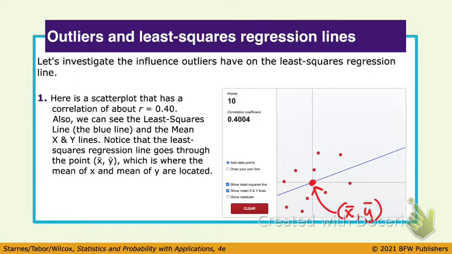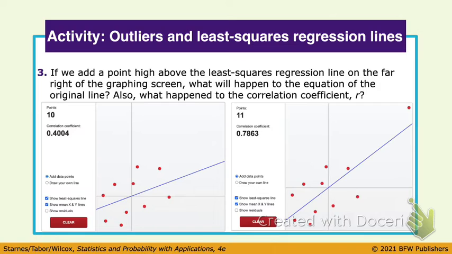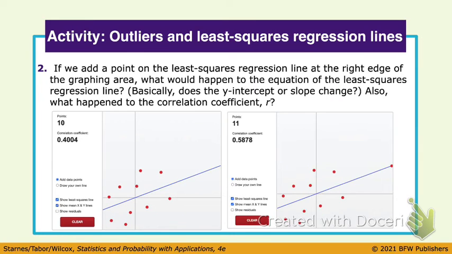And depending on what I do now will change my line and will change my correlation, okay? So the first thing we do is we add a point that is far on the right side, but it's right on the line, okay?